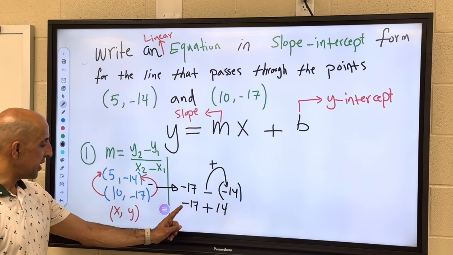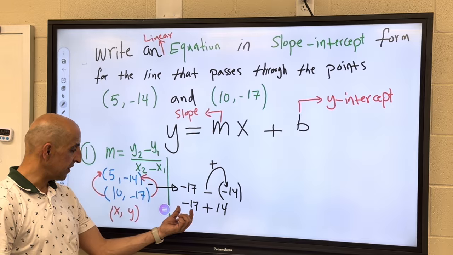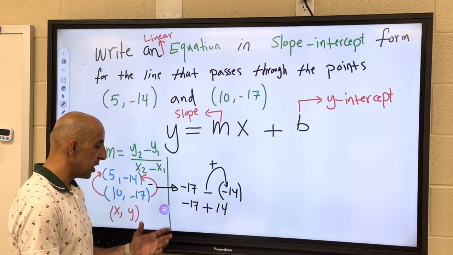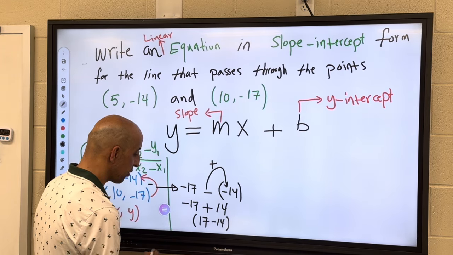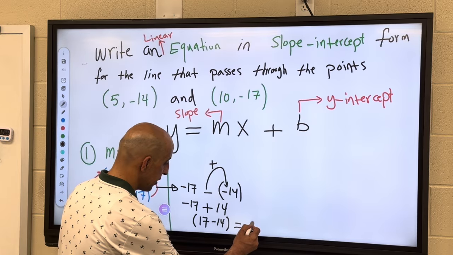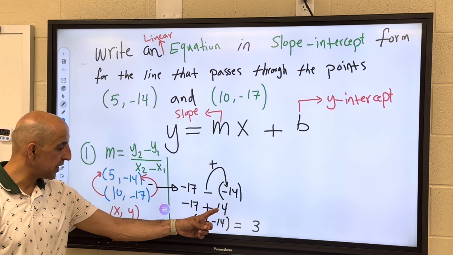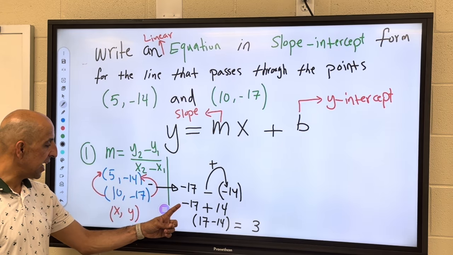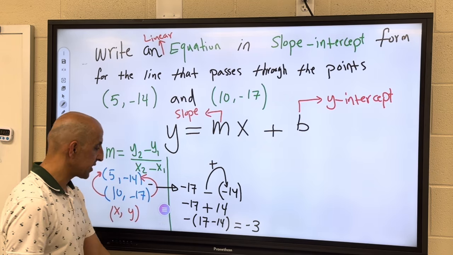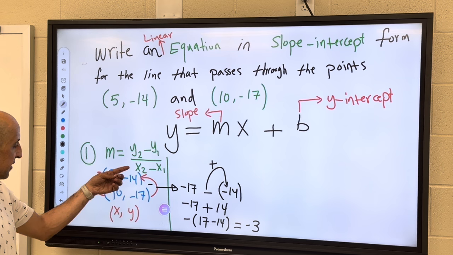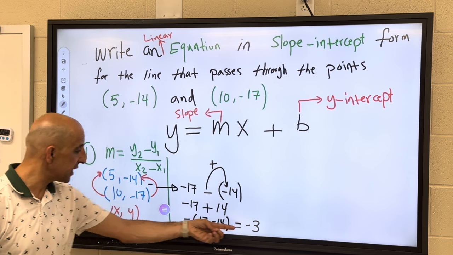Now we have negative 17 plus 14. We can do subtraction because we have a negative number and a positive number. So we ask ourselves, what is 17 minus 14? The answer is 3. But we notice that 17 is bigger than 14, and 17 has the negative sign, so the answer will have a negative sign. In this case, the answer for the y subtraction is negative 3.